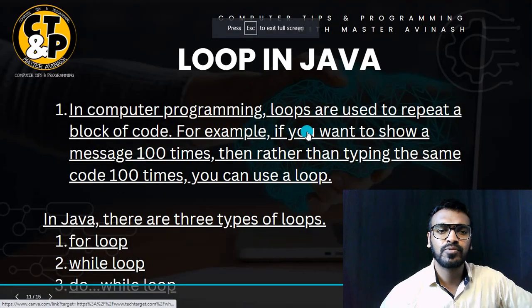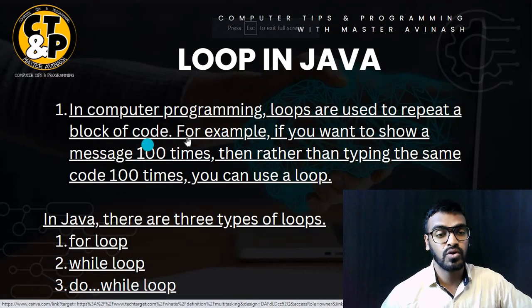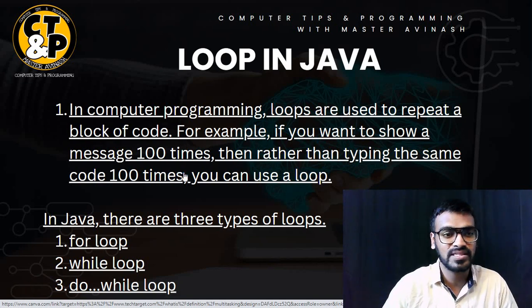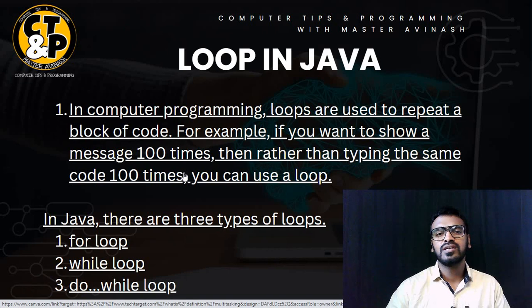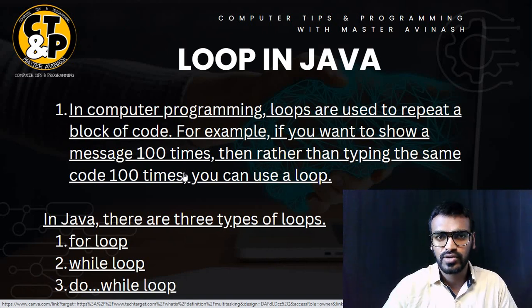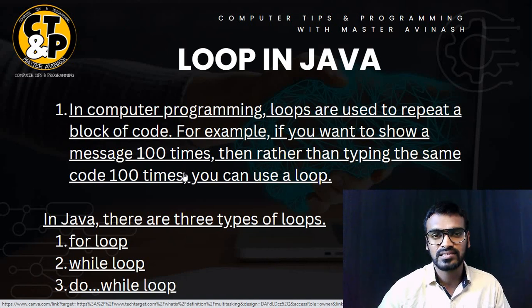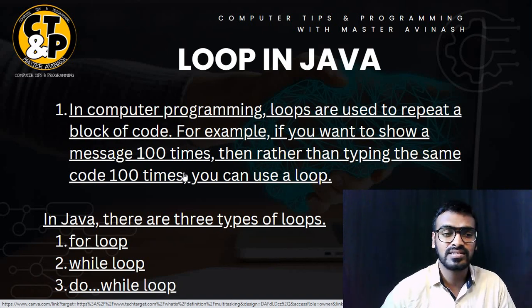In computer programming, loops are used to repeat a block of code. For example, if you want to show a message 100 times, then rather than typing the same code 100 times, you can use a loop, and it will save lines of code also. If you have to print 100 lines, you write 5 lines of code and it will print 100 times. There are 3 types of loops: for loop, while loop and do while loop.